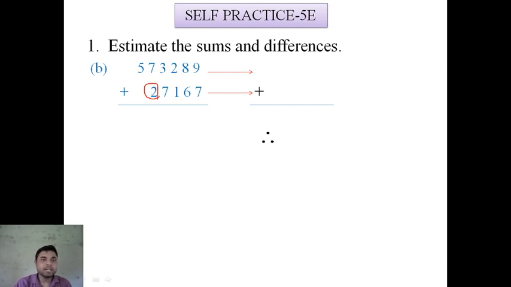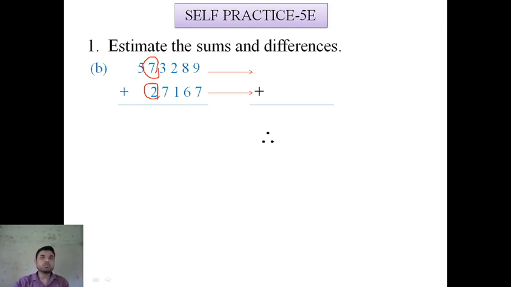The third step is we will round both numbers to the nearest 10,000 place, because the highest place of the smallest number is 10,000. So here 7 is at the 10,000 place, so we will do rounding.